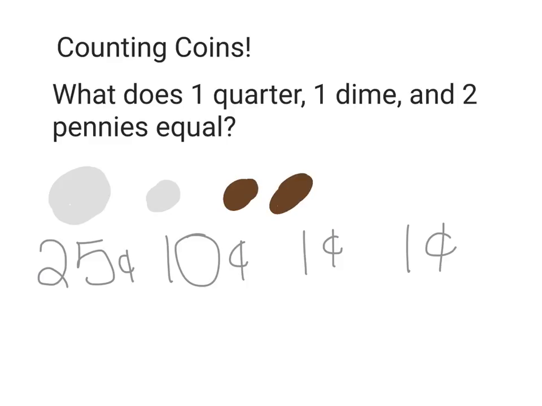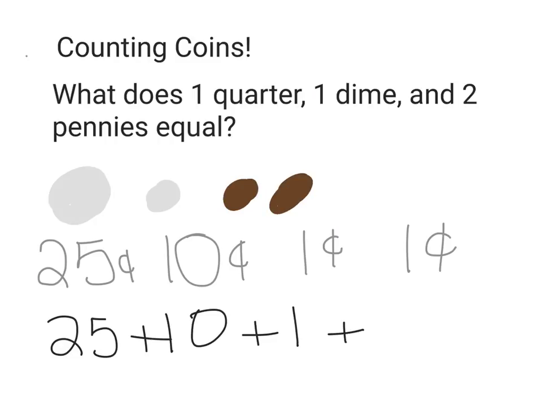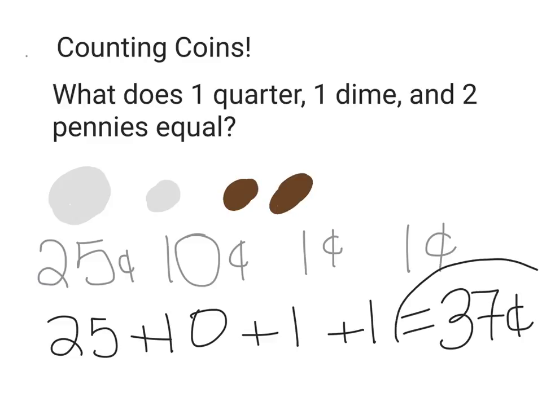So we're going to move all of these down with the counting method, and we're going to do 25 plus 10 plus 1 plus 1 equals 37 cents. And we're going to go ahead and circle our answer. All right, keep up the great work.